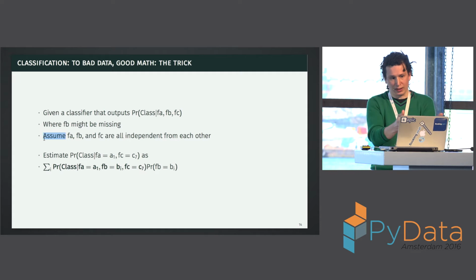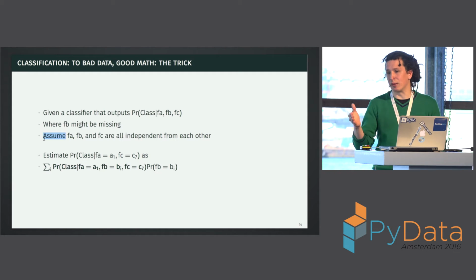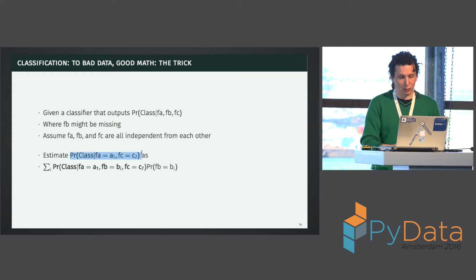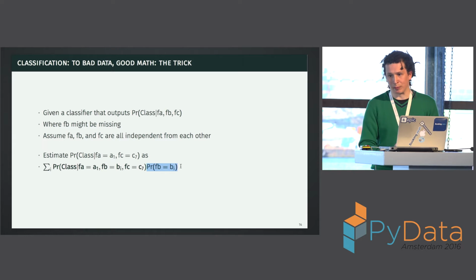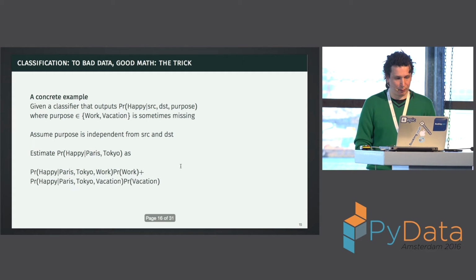Actually, for this particular case, we only need to assume that feature B is independent from feature A and C. And then we estimate this probability, which is the problem that we want to solve, using this equation that only needs this probability that we already know how to compute. And of course, it will need this other probability that is very easy to estimate from data. So this is the trick, and I know it's a little bit abstract, so here's an example.